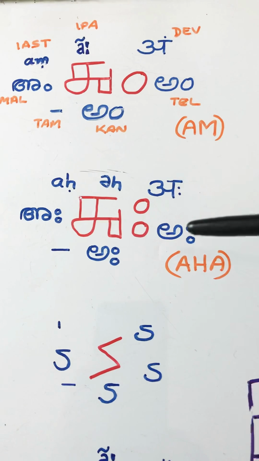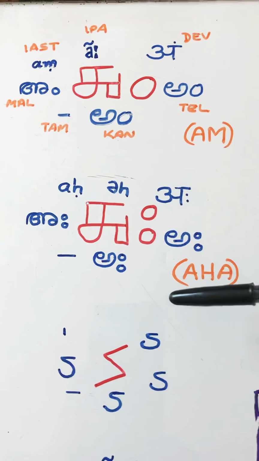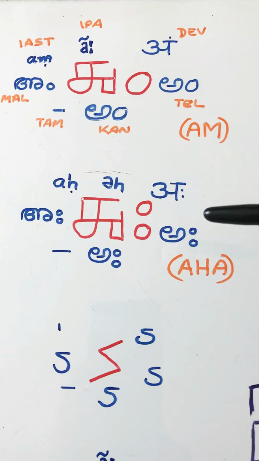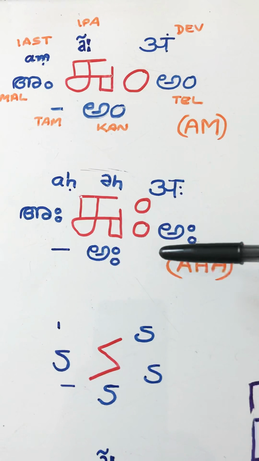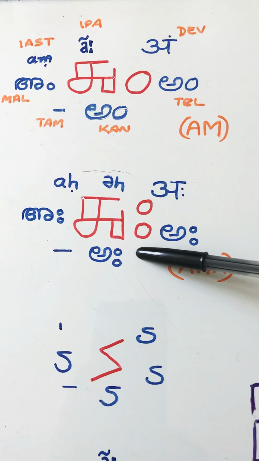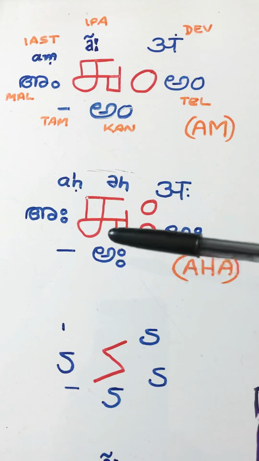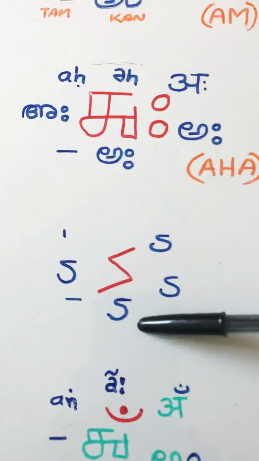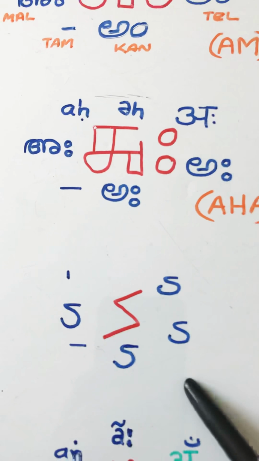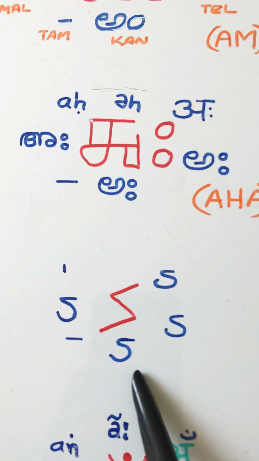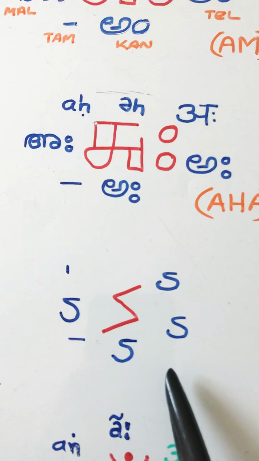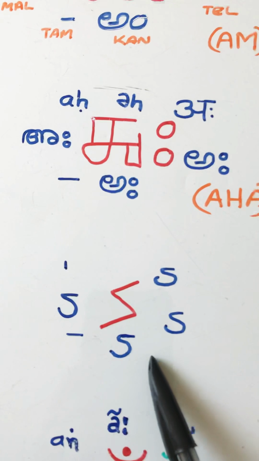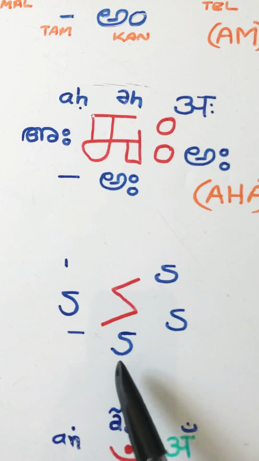Many Indian languages use these, but it doesn't translate very well into English. So AHA is the closest translation for aha, although it's a subtle difference in the way you pronounce it. And this one is called avagraha. Avagraha is used mainly in Vedic Sanskrit, or you will see it in books, in shlokas, and you'll see this avagraha symbol.